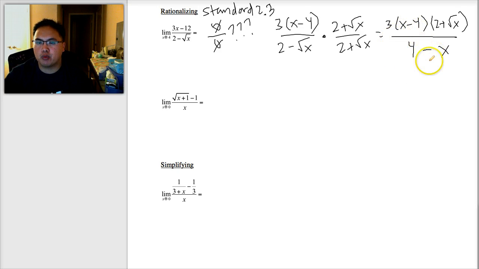What I can do, it doesn't matter which you want to do it on, but let's just say in this numerator, let's factor out a negative 1 out of this x minus 4. What happens if I take out a negative 1 from this? Okay. If I take out a negative 1, this will become negative 3, this becomes minus x, and then this becomes plus 4.